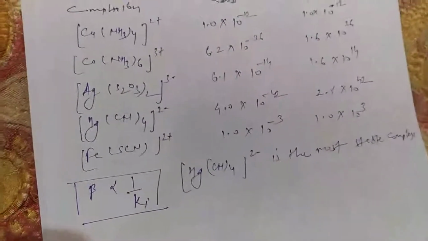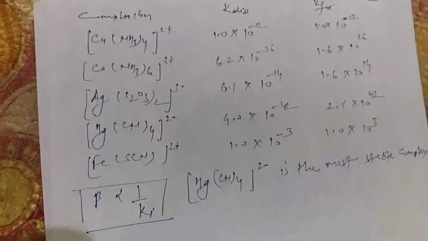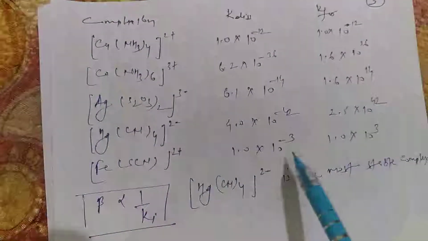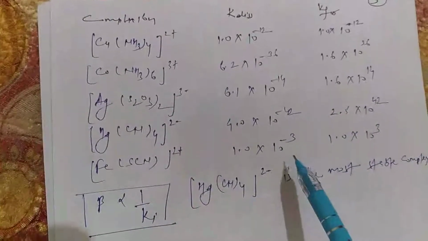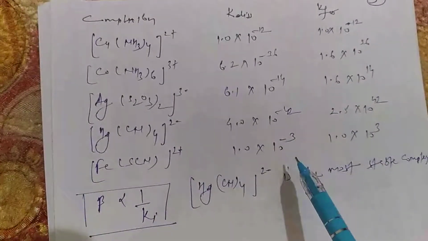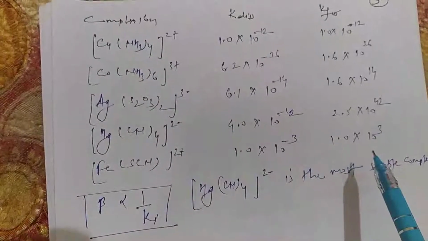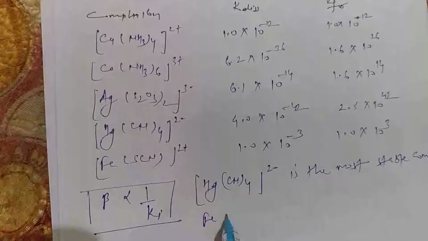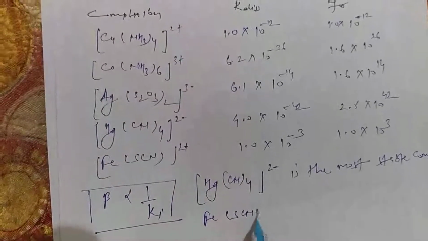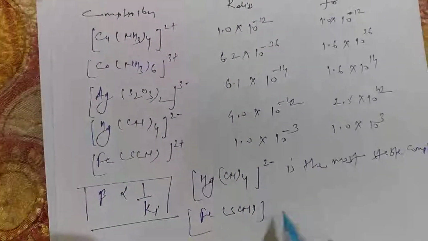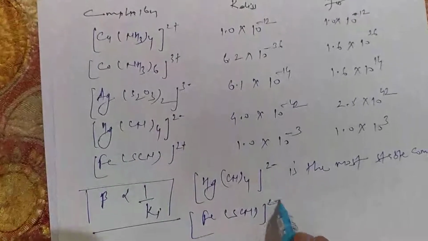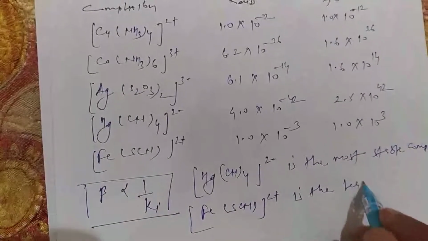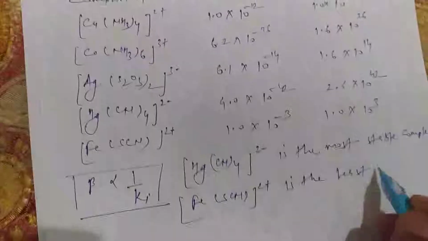Got it? And here you can see that it is a minus 3 value. So this FeSCN 2 plus is the least stable because it has the least value of formation constant. So FeSCN 2 plus is the least stable ion.